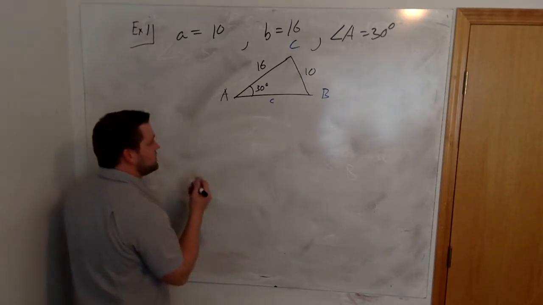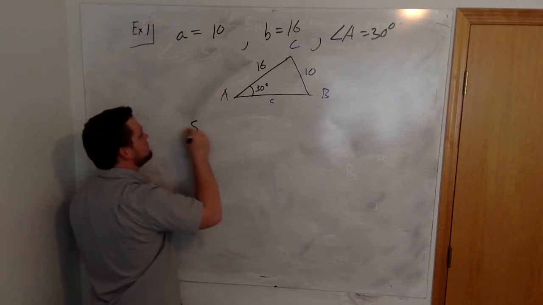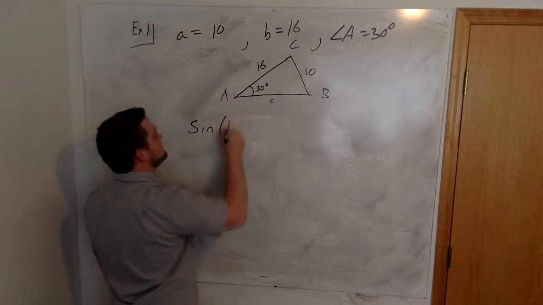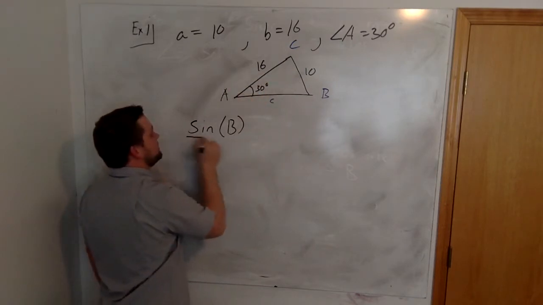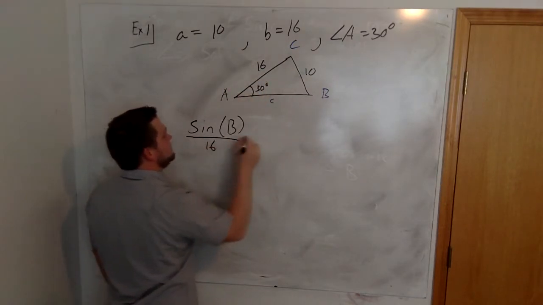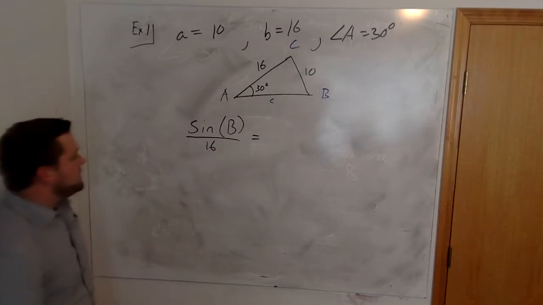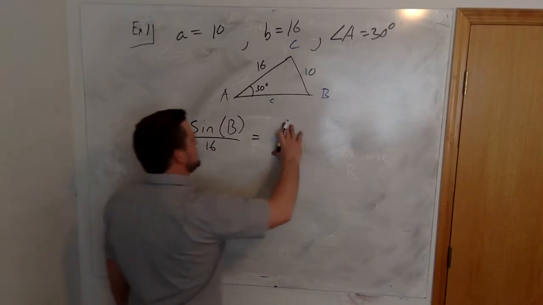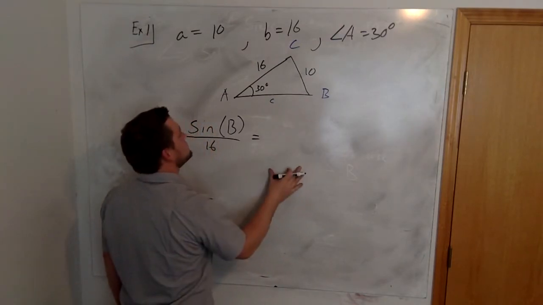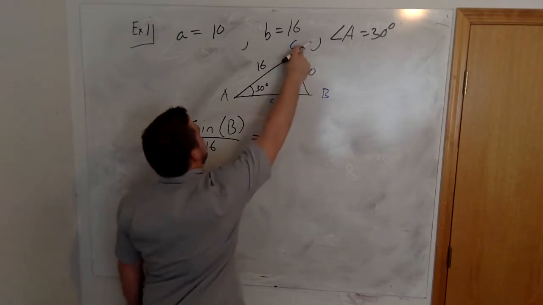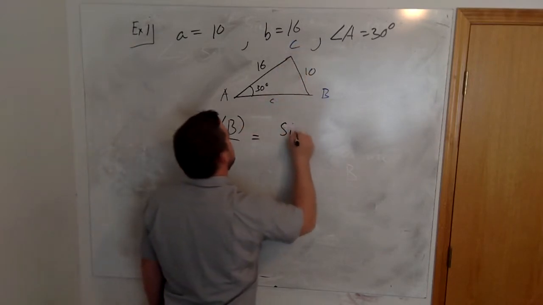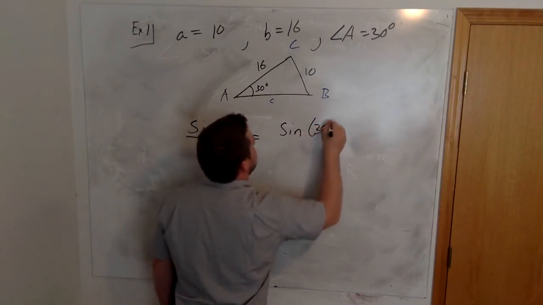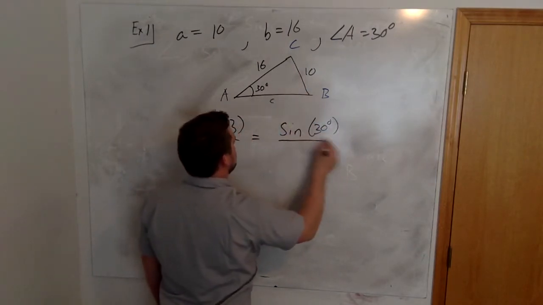I need to find angle B, so I'm going to write the law of sines saying the sine of B divided by its opposite side, which is 16. Now I need something equal to that where I know the angle and the side. I don't know angle C or side length c, so I have to use A here, which is equal to the sine of 30 degrees all over 10.